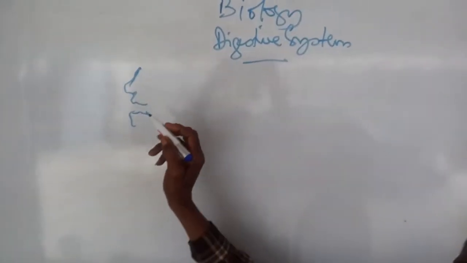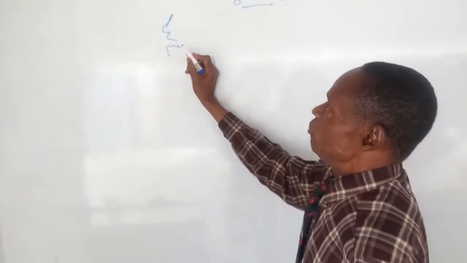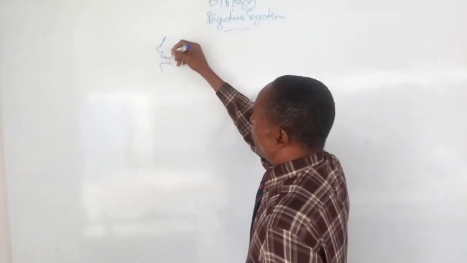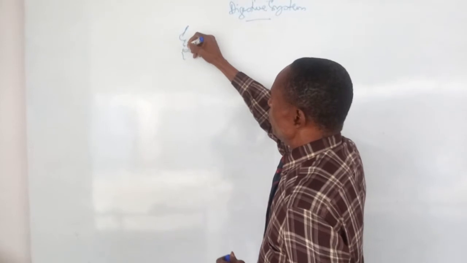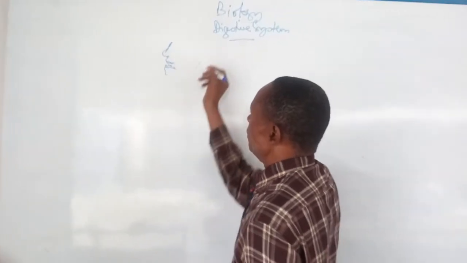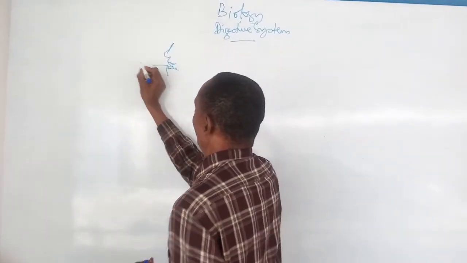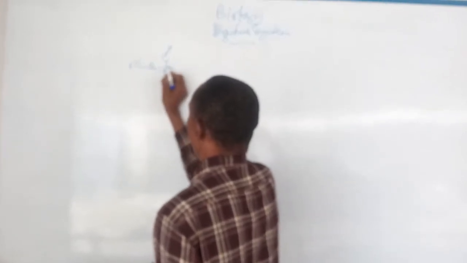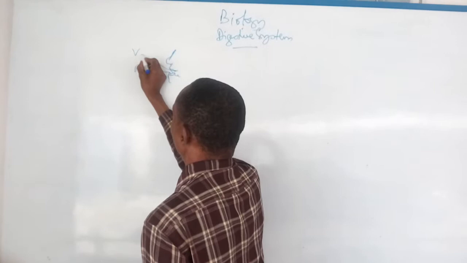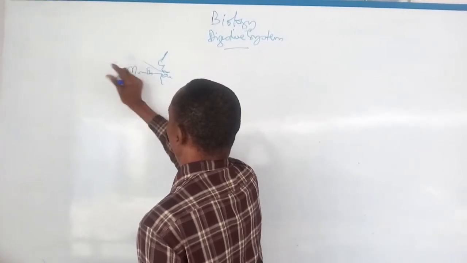It begins from the mouth. The digestive system or the alimentary canal begins from the mouth, and the mouth here contains the teeth. So we have the mouth here, and then we have the various parts, let's take the teeth.